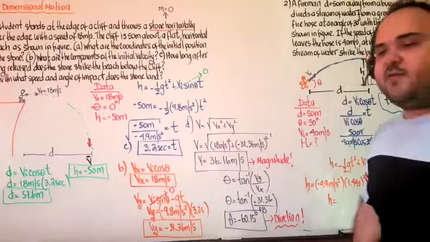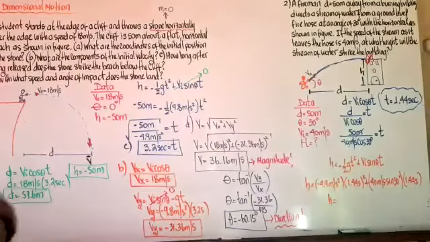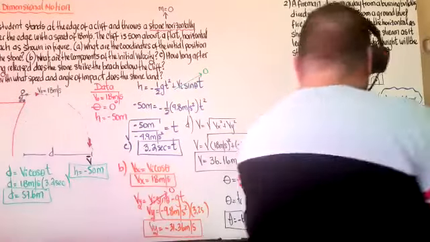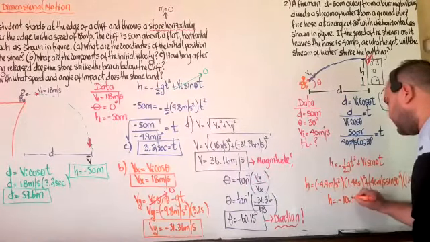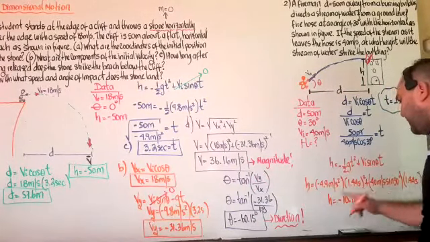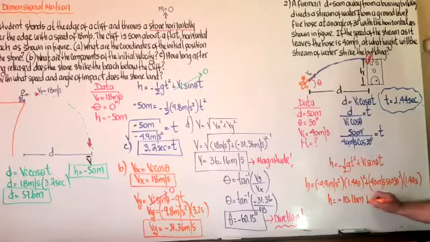Meanwhile, in the first part of the problem, we have parentheses, negative 4.9, close parenthesis, open parenthesis, 1.44, second power. So the first part of the answer will be negative 10.16 meters. Plus the second part, 40 sine 30 gave us 20 times 1.44.